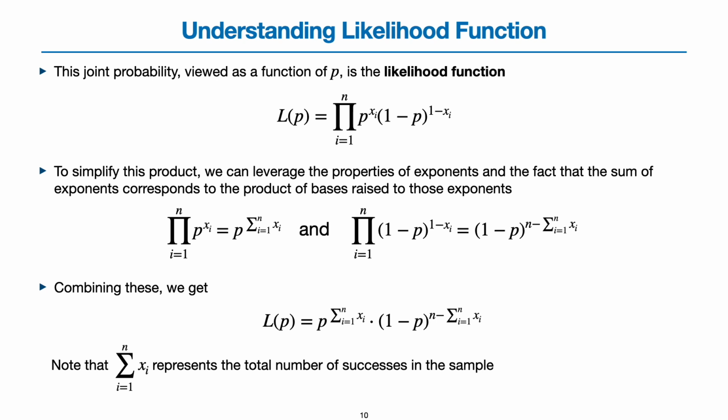So in this case, your likelihood function is this unknown parameter p raised to the power of all xi's. And remember, when you use lowercase xi, these are actual values that you get. So you do something n times, and each time you get either 0 or 1, so each xi is either 0 or 1. And this sum of xi's represents the total number of successes in the sample, right? Because remember, for every failure we get 0, which does not change the summation.